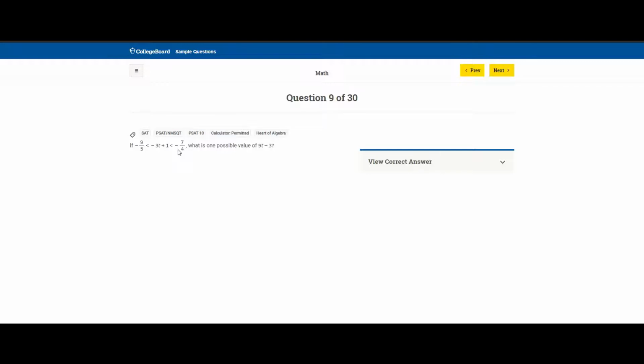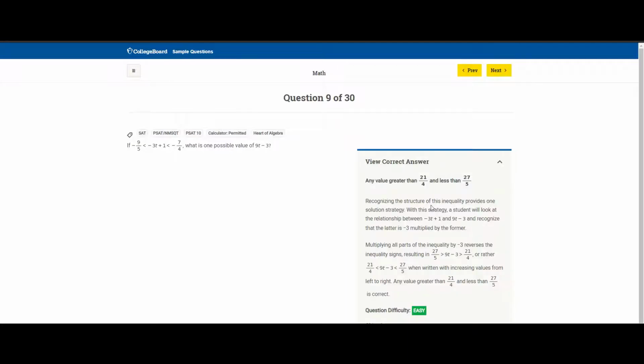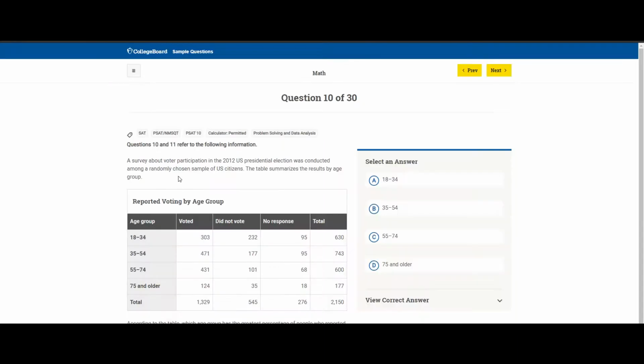So we're looking for 21 over 4, which is 5 1/4, and then 27 over 5 is 5 and 2/5. Yeah, so looking for what is one possible value, it's in between those two. Yeah, that's what I figured. Any value greater than 27 over 5. So that's how you do that.